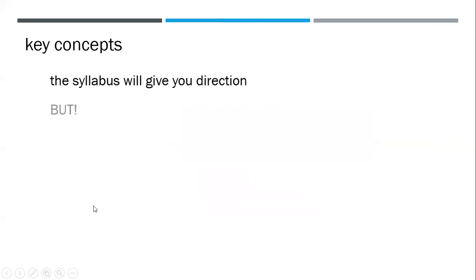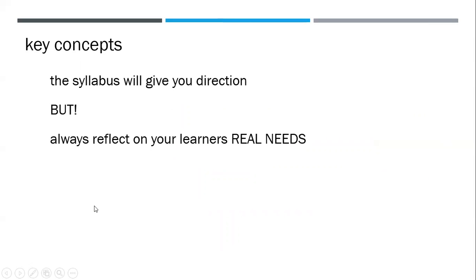Okay, but always reflect on your learners' real needs. If you only look at the course book and blindly follow it, you may forget about your real learners. And then, believe me, your lessons will be boring and probably your students will get disinterested. So you always should reflect on what my students really need. Maybe they don't need this aim. Maybe they are already good at this and I need to do something different with them.